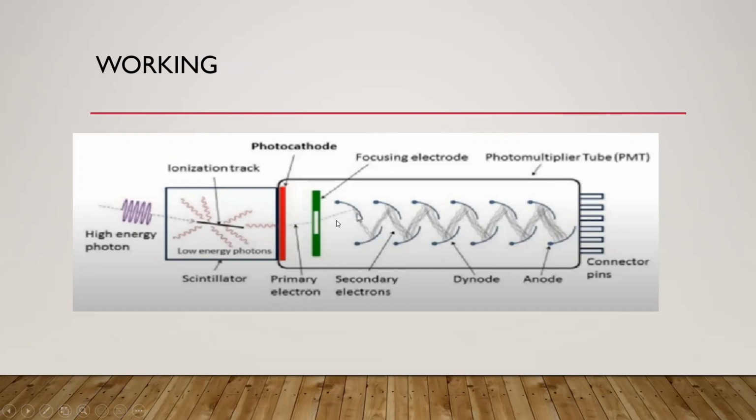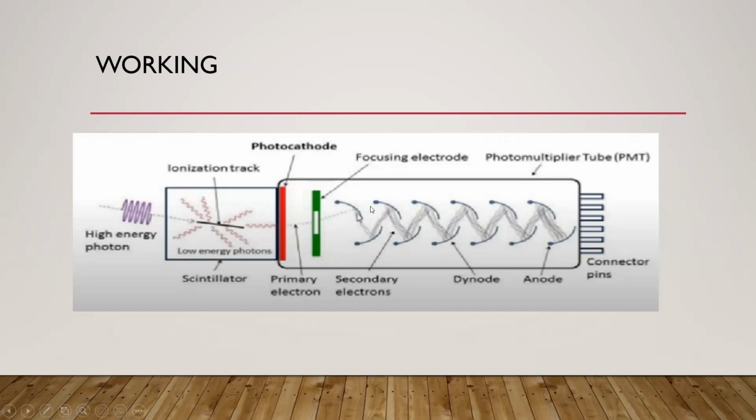These electrons are focused by using a focusing electrode, which has a slit in between. These electrons are called the primary electrons, and after passing through the focusing electrodes, they are referred to as secondary electrons.